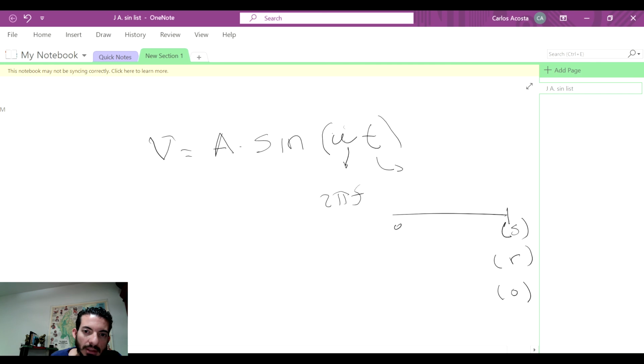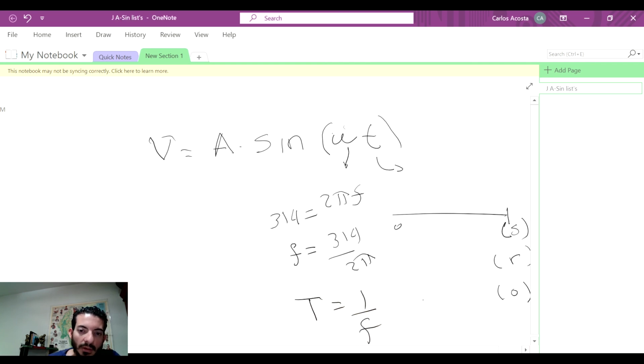So since they told us that this is 314, we know that this 314 equals 2 pi f. Alright, and then in that case, since we want to know what f is, we just simply do 314 divided by 2 pi, and if we want to know the period, we just do 1 over f.